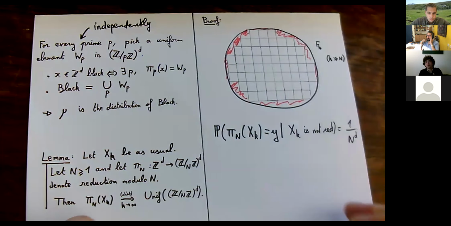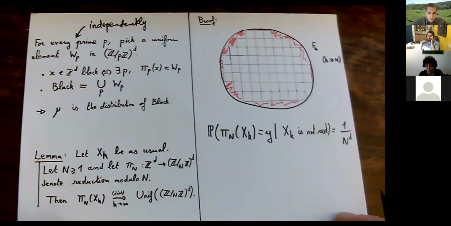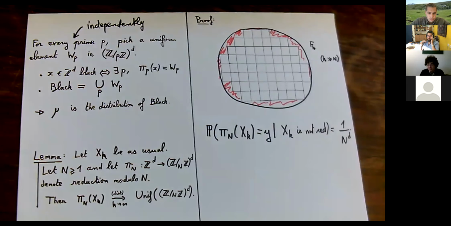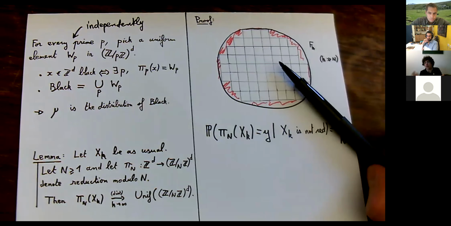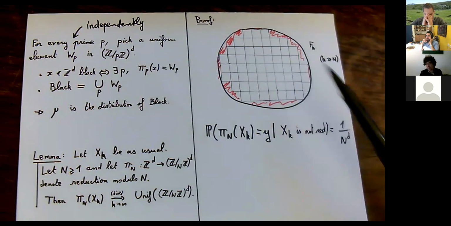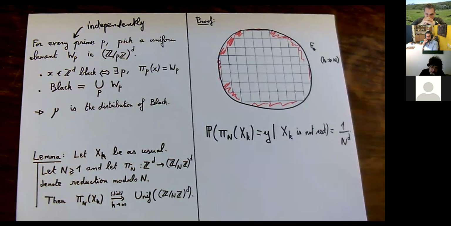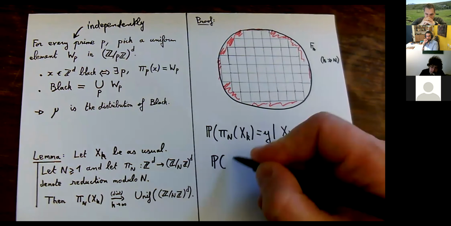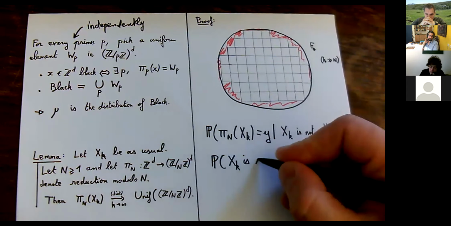Because in order to take a uniform random variable in the non-red zone of Fk, I can just pick uniformly at random some congruence modulo n. I pick uniformly at random some square here, and I just select the dot in this square corresponding to this congruence. So if I condition on not being in the red part, I have exactly uniform distribution, and the probability that xk is red tends to 0, so we are done.